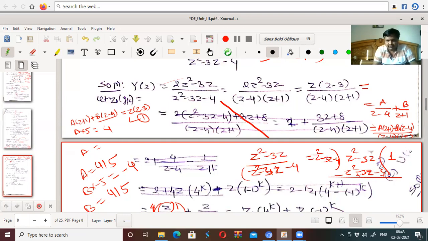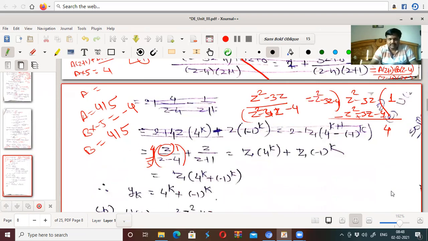So we get only here, what do we get? 4. So this term z square minus 3z can be written as z square minus 3z minus 4 into 1 plus 4, right?